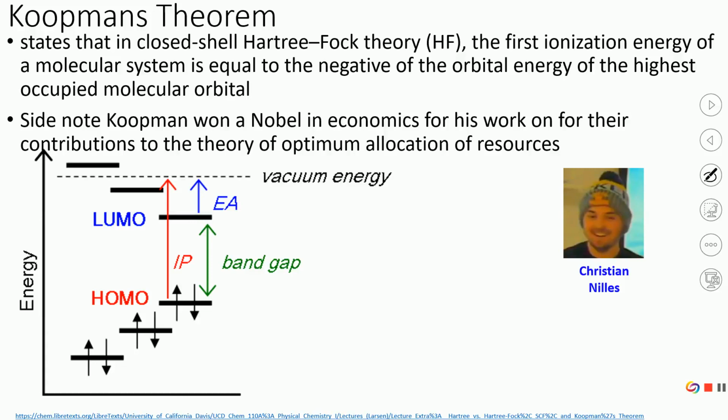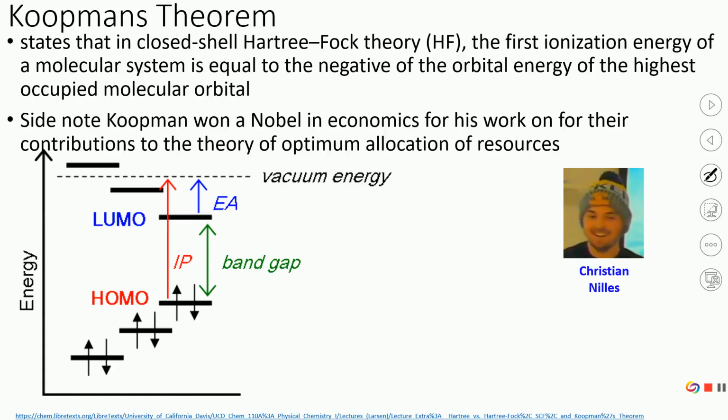Now, there is a certain energy that corresponds to ionizing electron in photoelectric effect. By giving so much energy, electron will be completely removed from the molecule and fly to the vacuum or to surrounding. So the energy difference between energy of HOMO and this vacuum energy, which is typically zero in your calculations, is very close to ionization potential.